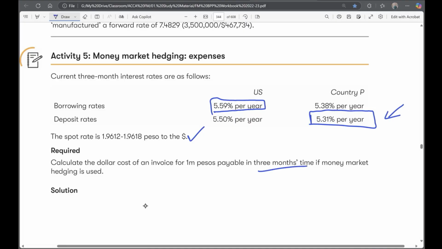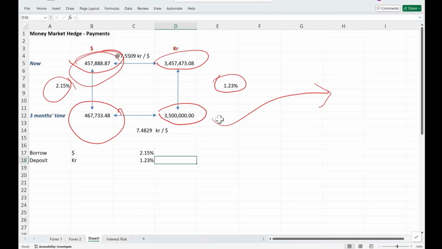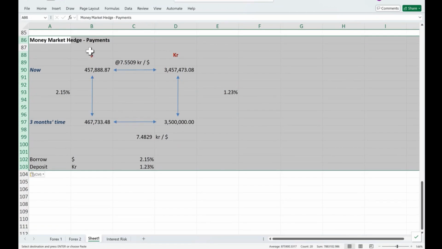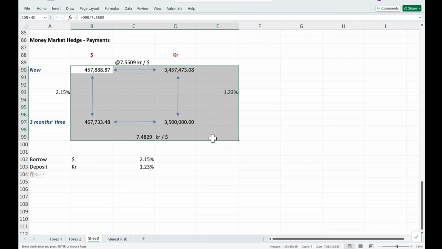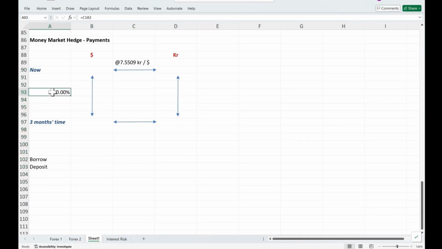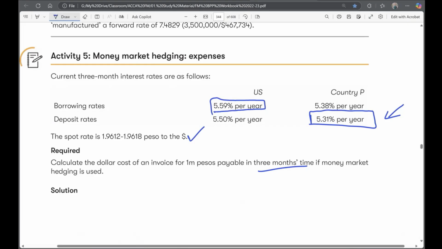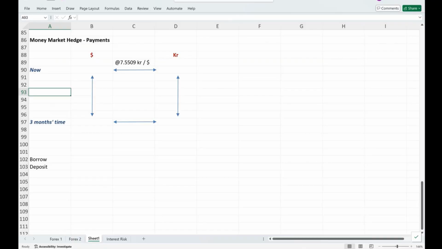Okay, let me do it. We have two currencies, dollars, and the second is country P currency, which is peso.